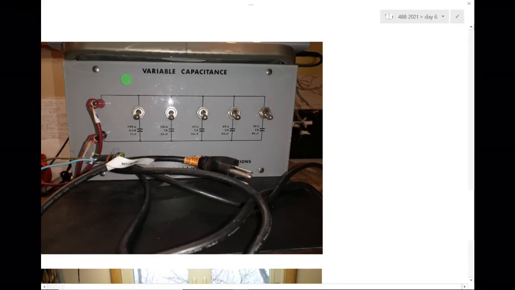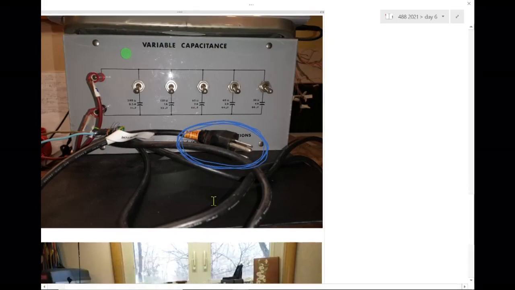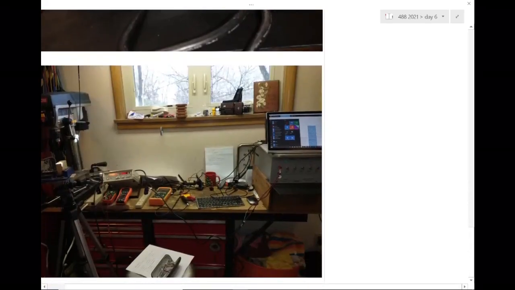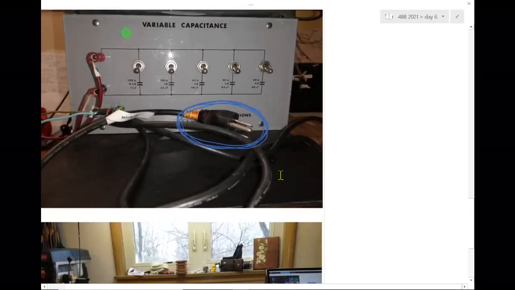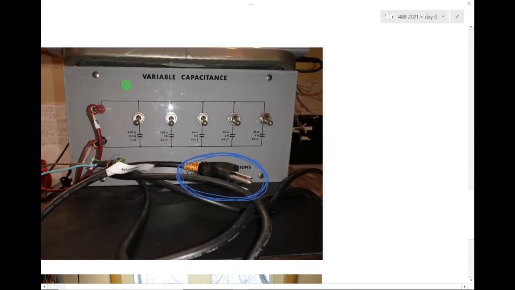I'm showing it here so that you can see, here's the plug, and because I'm connecting this in parallel with the drill press, I just plug that plug into the same outlet strip here that is supplying power to the drill press. Here's the cord plugged into the shunt capacitor, and then I can switch on whatever capacitance I want within the range of the 5 capacitors that it has.